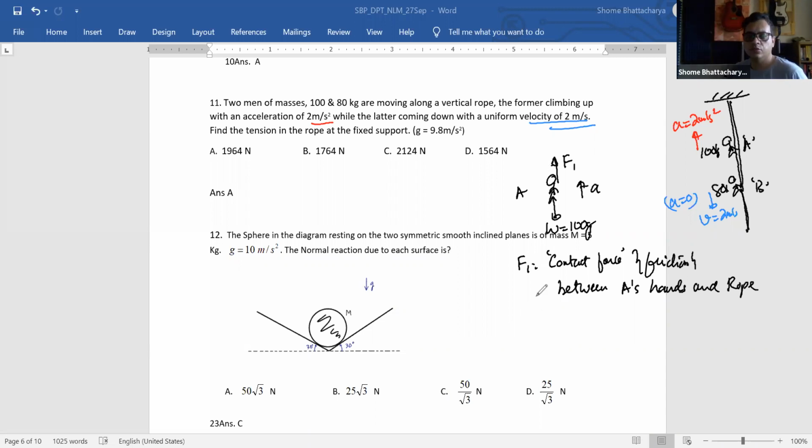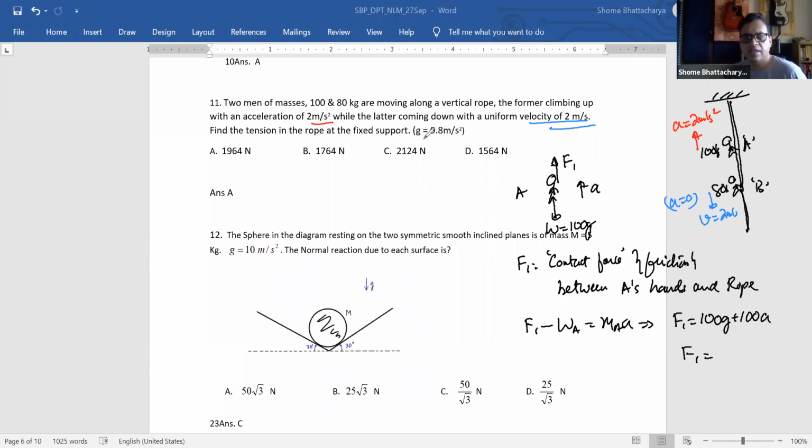So you will now get F1 minus the weight of A is equal to mass of A into acceleration. So F1 will come out to be 100 g plus 100 a. So F1 comes out to be how much?